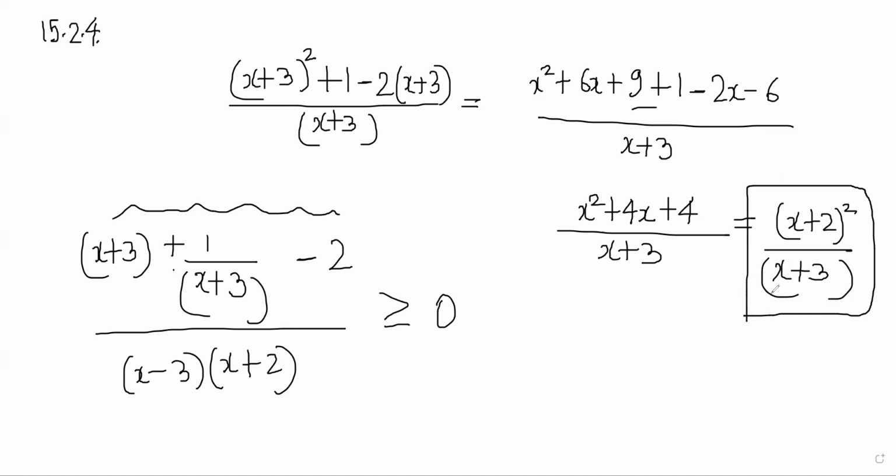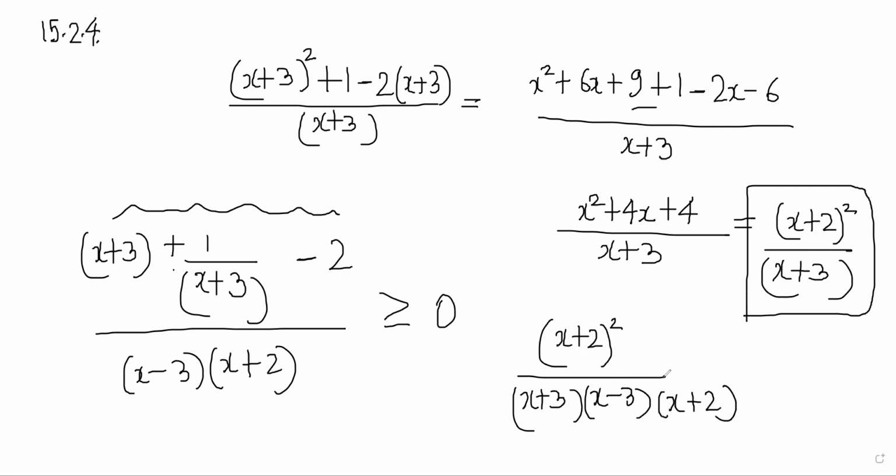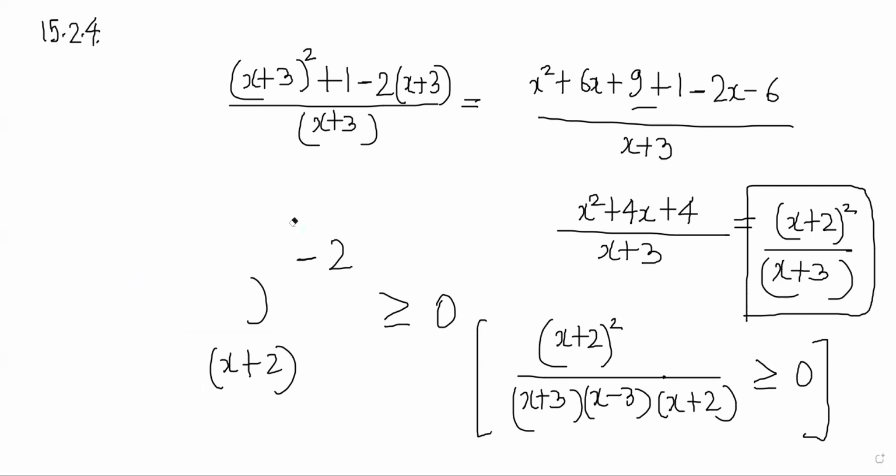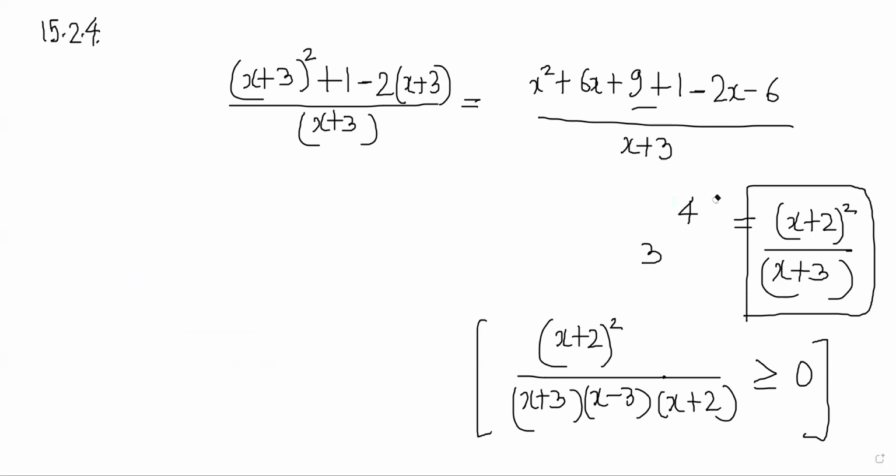So the whole numerator part has been simplified to be this, right? So my overall inequality is now x plus 2 whole square divided by x plus 3, x minus 3, x plus 2, right? Now I will apply wavy curve, and I will keep in mind that the numerator has a square.